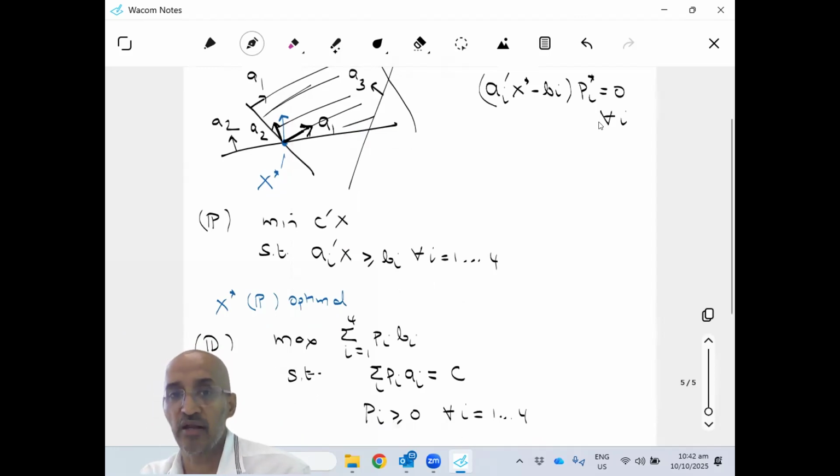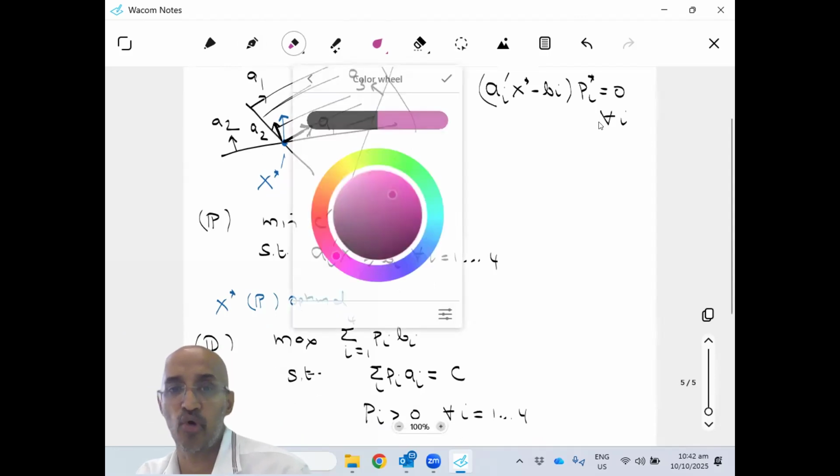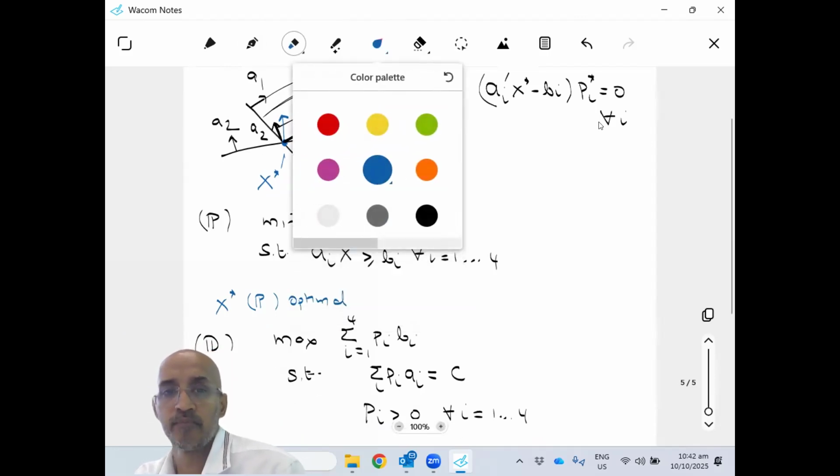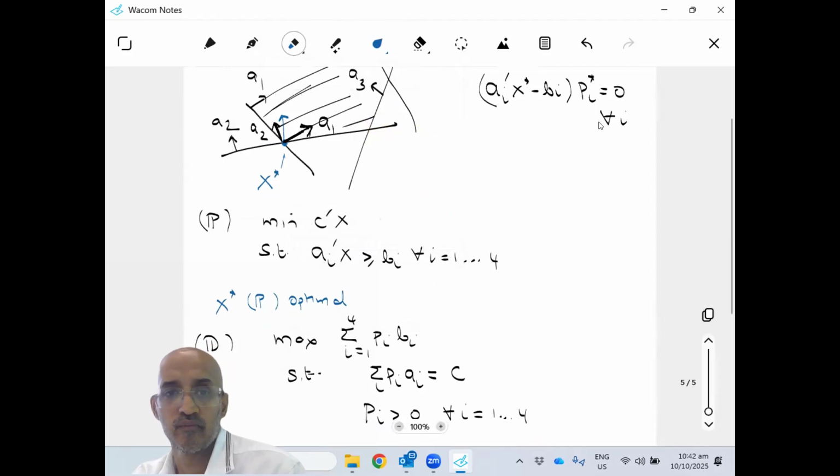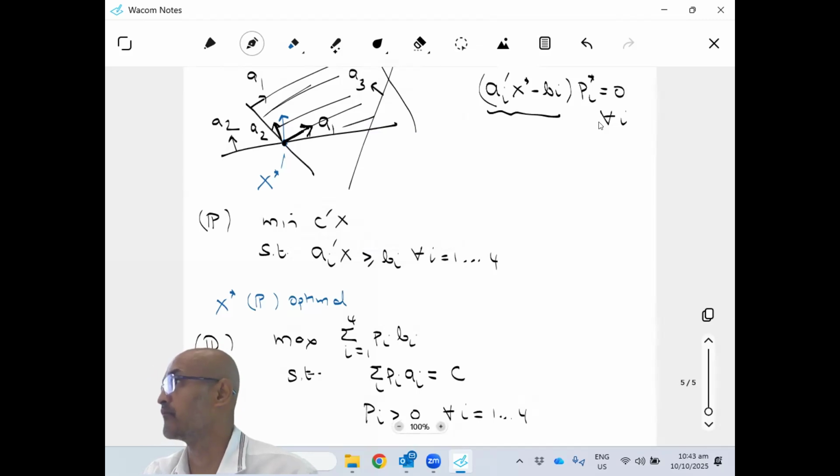Look at this point X star. At the point X star, A1 transpose X star is equal to B1. It's on this hyperplane. A2 transpose X star is equal to B2.